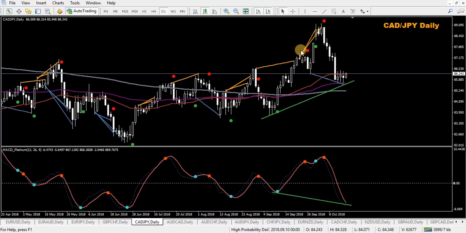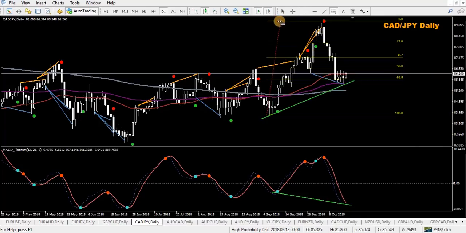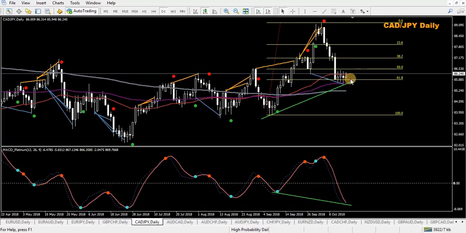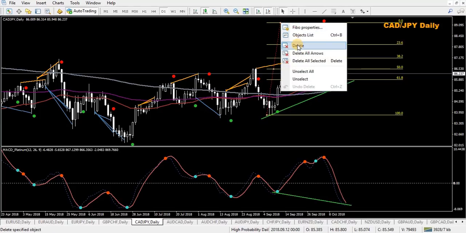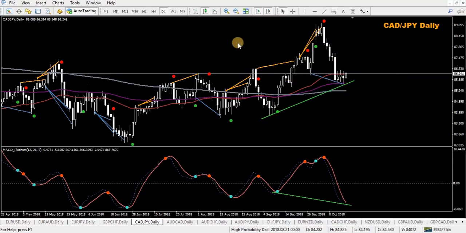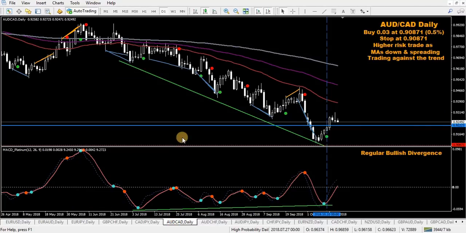If you have a look at this trend up and down, if you just throw a fib on, I think you'll probably find it's at the 61 area. 61.8, yeah, look at that, spot on. Not something I use all the time, fibs, but every now and then I just throw them on the chart. I like the whole concept of charting. It's what I originally learned to trade on, fib levels.